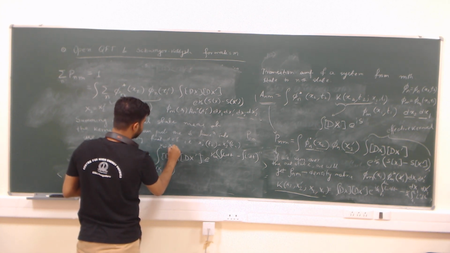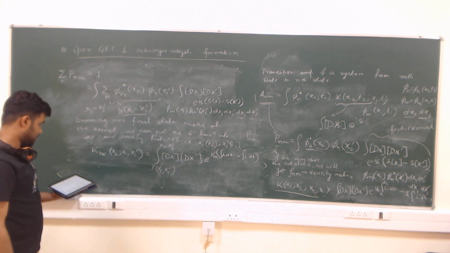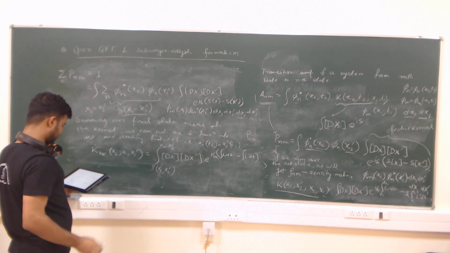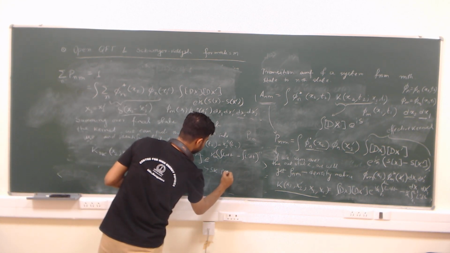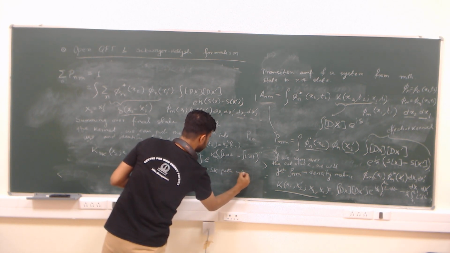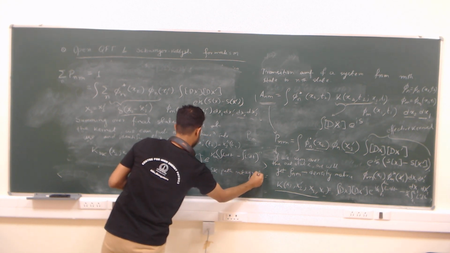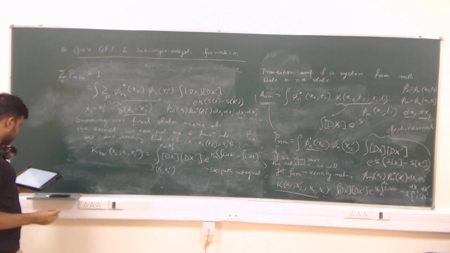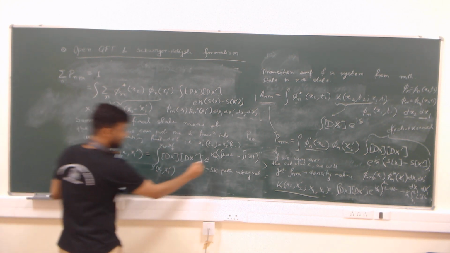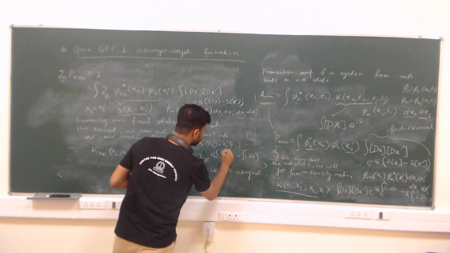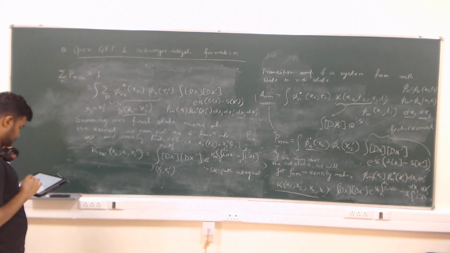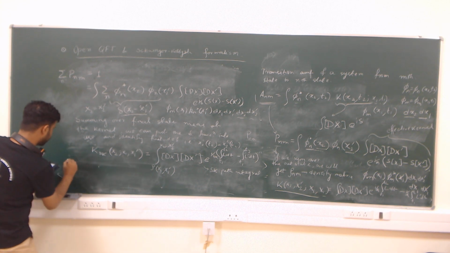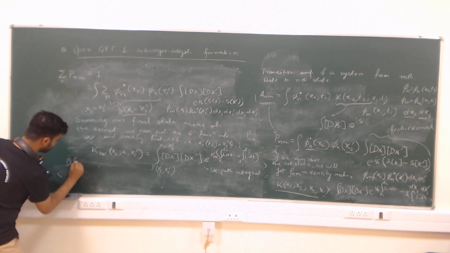This is also called the Schwinger-Keldysh path integral. And what this means is that here we have T1, so what we do is that we first forward evolve.